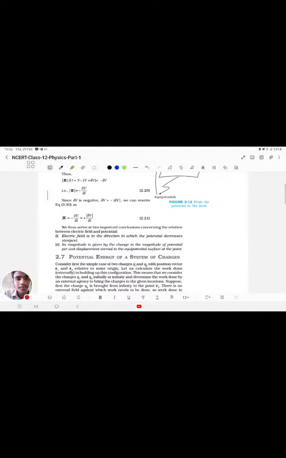This means that we consider an external agency to bring the charges to the given locations. Now we are trying to calculate the potential energy of a system of charges, whereas potential energy is defined as the work done in bringing a charge from infinity to that particular configuration.